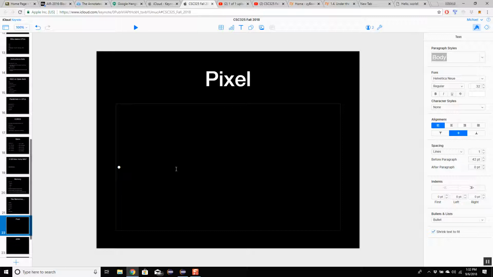Okay, so it's a dot of light that has an underlying representation in memory, and if you want to use 24 bits, that's fine. There are different graphical models we can use for representing a pixel, but 24 bits makes some sense. So we have 24 bits total for representing a single pixel.